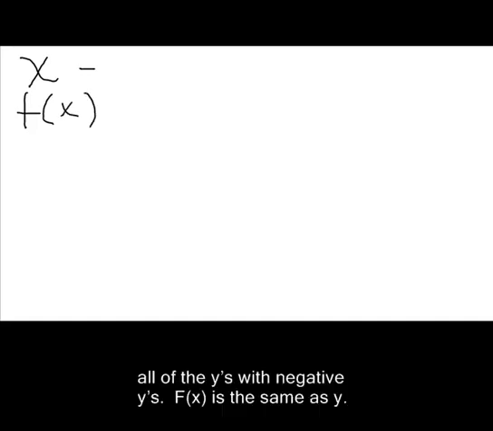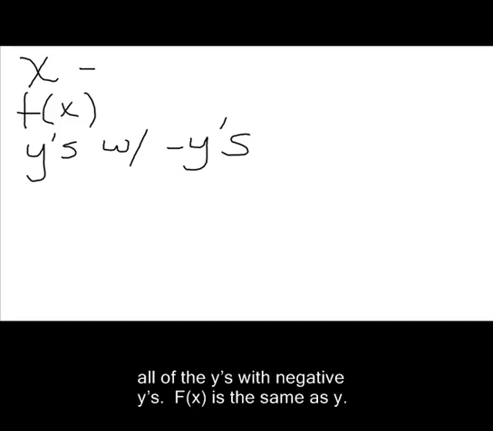So if you're trying to determine whether something is symmetric with respect to the x-axis, you will replace all the y's, and remember that f of x is also the same as y. You will replace all the y's with negative y's. That's for symmetry about the x-axis.